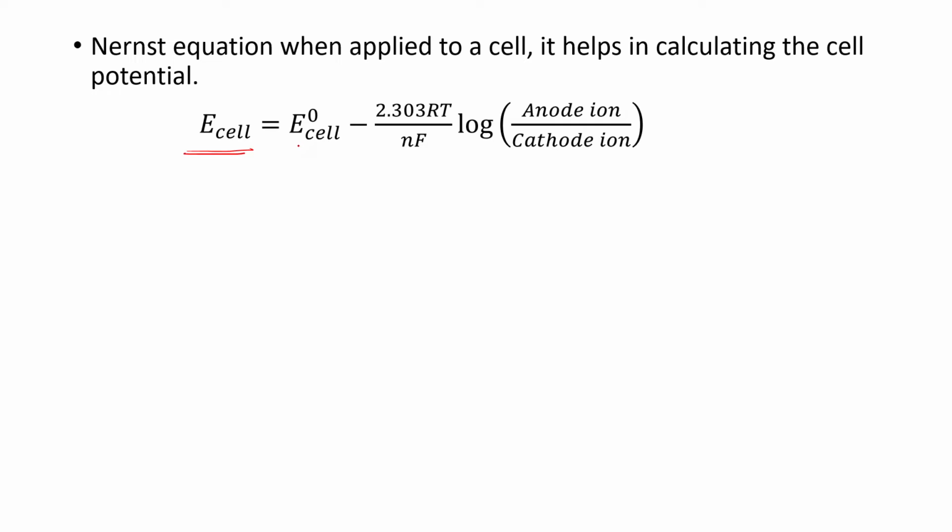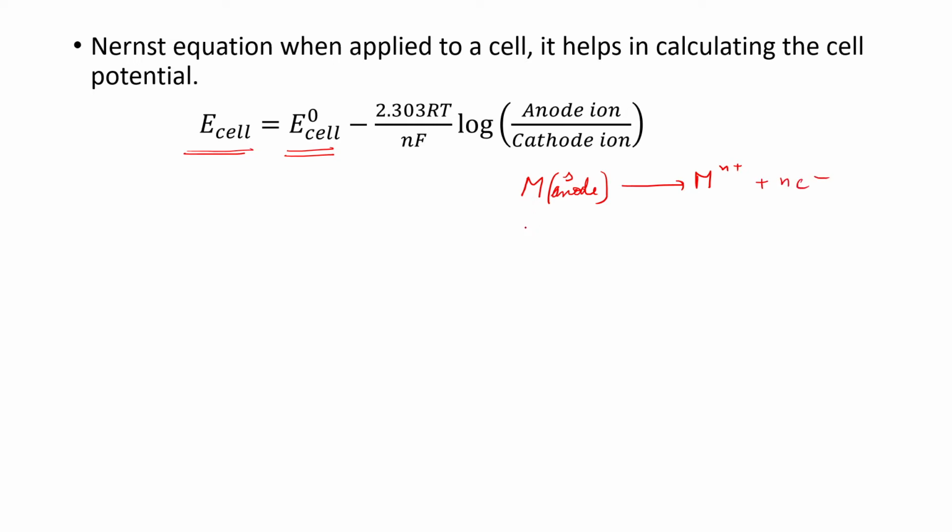E cell is equal to E naught minus 2.303 RT by nF log anode ion over cathode ion. We can say anode ions because the metal at the anode, in solid form, will ionize into M n+ ion plus n electrons.